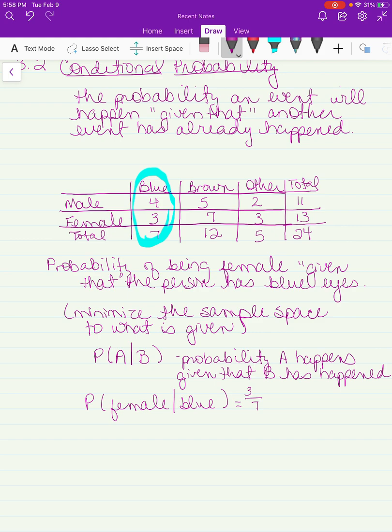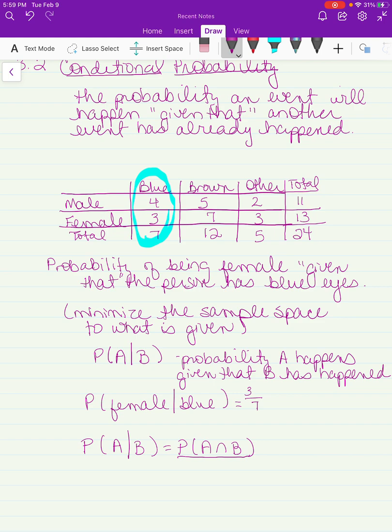So let's look at that. There's a formula that says the probability that A happens given that B has happened. Well, where did the 3 come from? The 3 is actually where the blue and the female intersected. So that's the probability they both happen, or the intersection, out of, well, what was the 7? The 7 was the total blue.